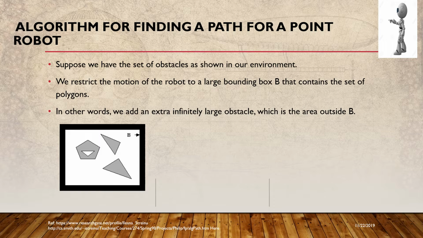In other words, we add an extra infinitely large obstacle, which is the area outside the box B. The robot will move in the area of the box B.